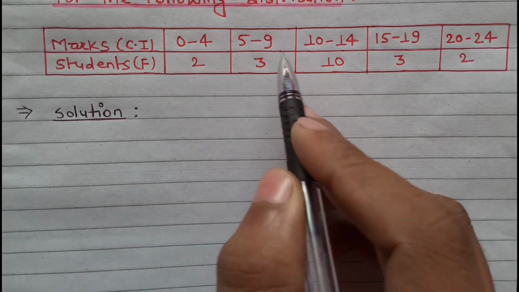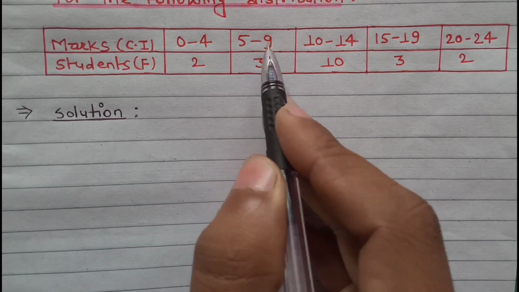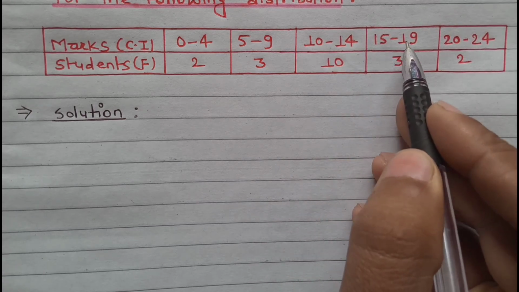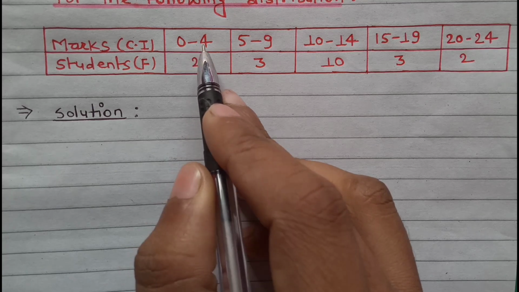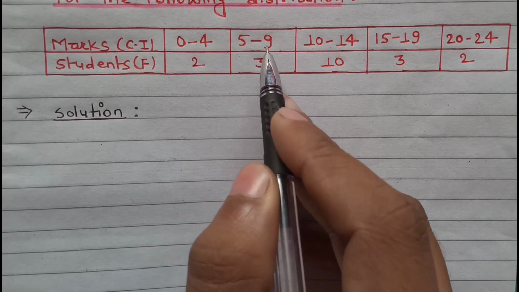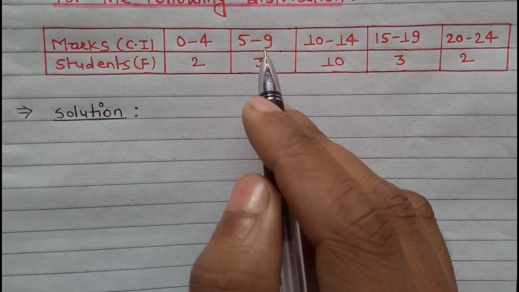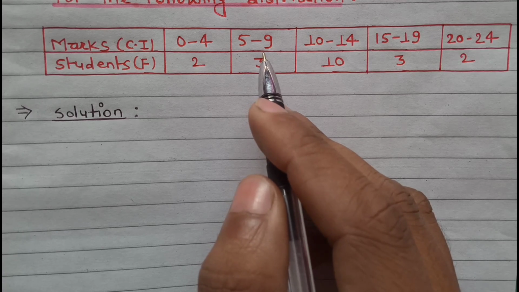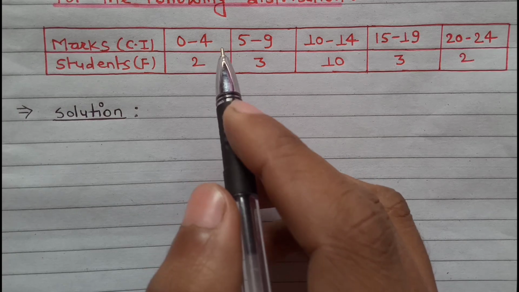So if the data is of that type, or if the data is like 0 to 4, 4 to 8, 8 to 12, 12 to 16, 16 to 20, it is the same, nothing changes. Whether the data is 0 to 4, 5 to 9, 10 to 14, or 0 to 4, 4 to 8, 8 to 12, it is the same. We are going to follow the same process for both because nothing changes.